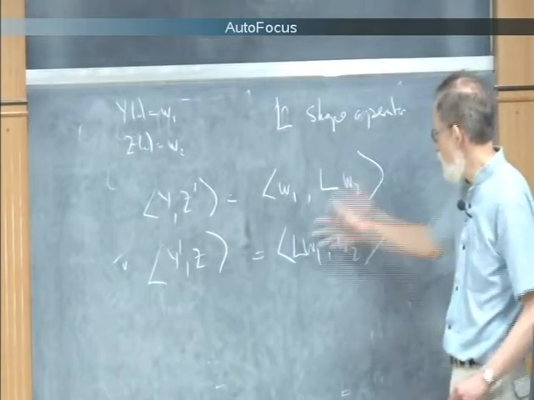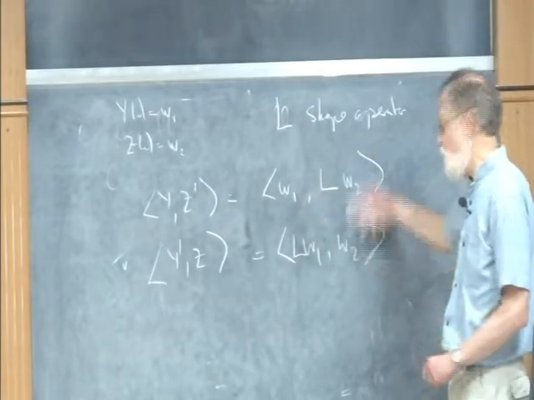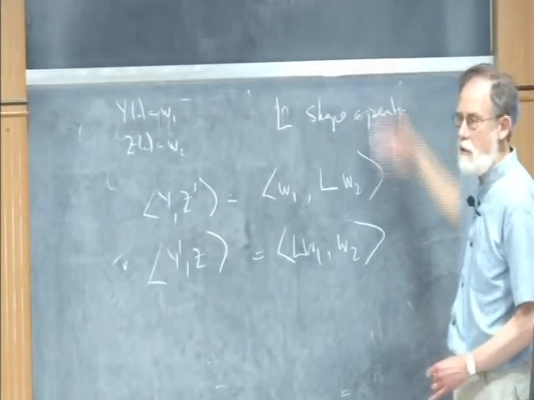And symmetry of L means these are equal. So when you take the difference, you get 0.